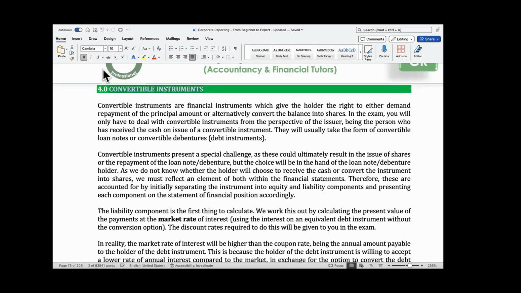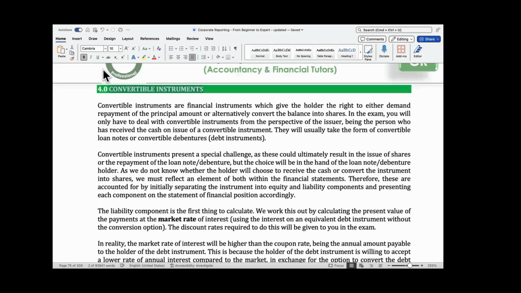So I can't entirely call this item a financial liability because there is an element of equity there. But because I am not sure whether the other party will convert or not, IAS 32 says that you need to consider elements of the two.